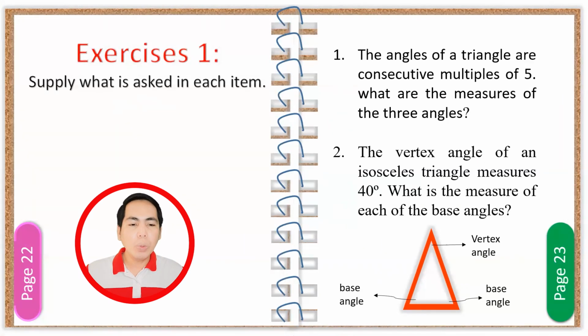And number 2, the vertex angle of an isosceles triangle measures 40 degrees. What is the measure of each of the base angles?